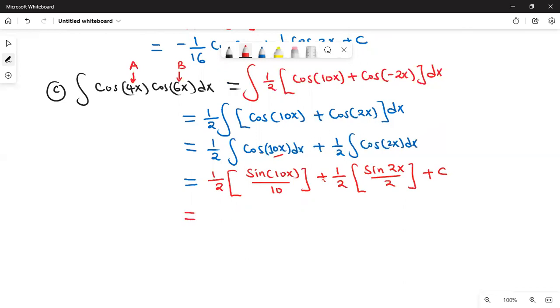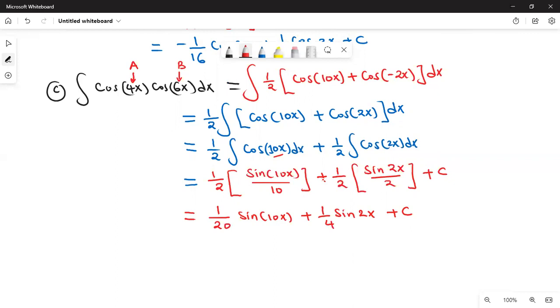This can also be written as 1 over 20 sine 10x plus 1 over 4 sine 2x plus a constant c. That was very easy. And the last example is where we have a product of sines.